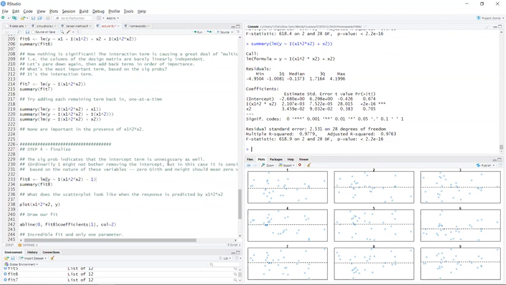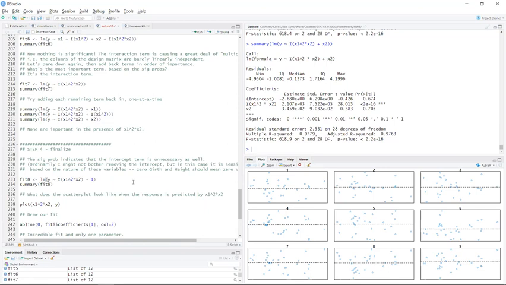So if the girth and the height of the tree are both 0, then it would make sense that your volume would be exactly 0. So dropping the intercept actually does make sense in this case. It is a logical thing to do, just based on the nature of the variables.